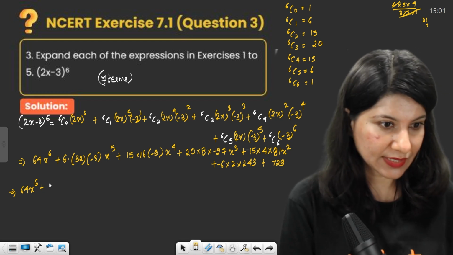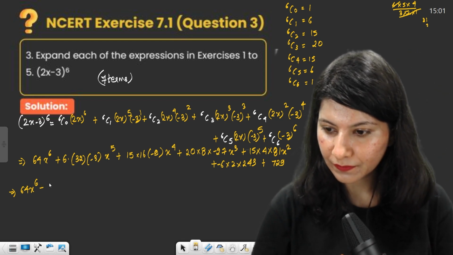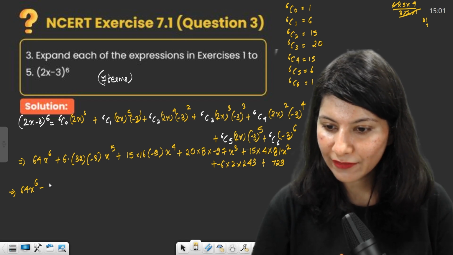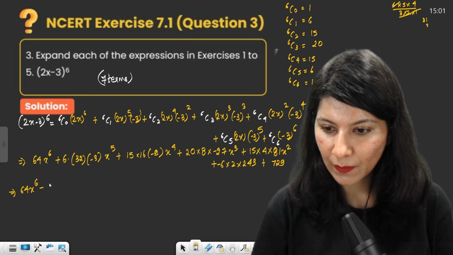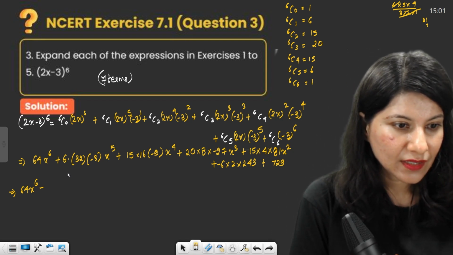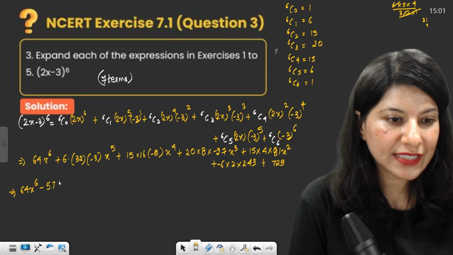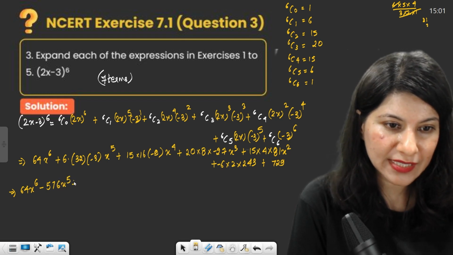64 x raised to power 6 minus, this will be minus 6 3s are 18. 18 into 32, 576 x raised to power 5 plus.